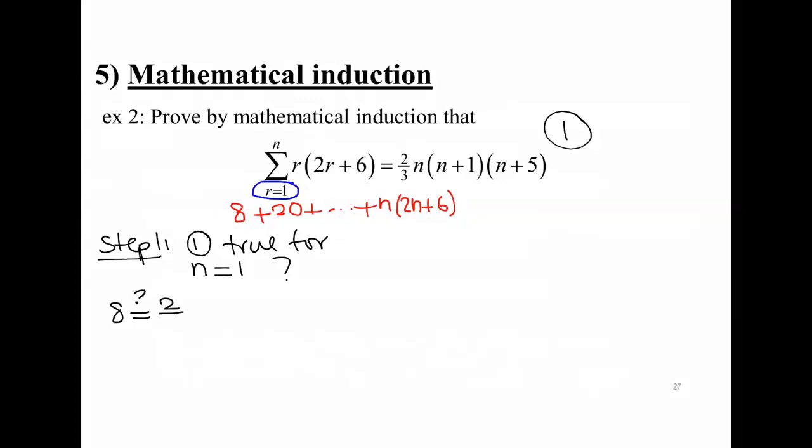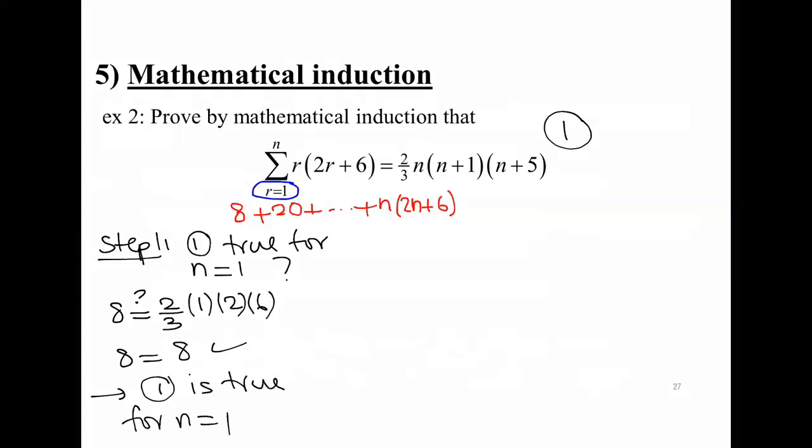On the right-hand side, for n equal to 1, I have 2/3 times 1 times 2 times 6. When we simplify the other side, I end up with an 8. So 8 is equal to 8. This is true. Therefore, P(n) is true for n equal to 1.